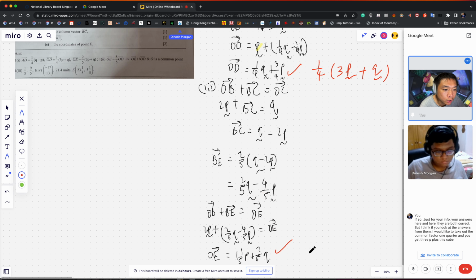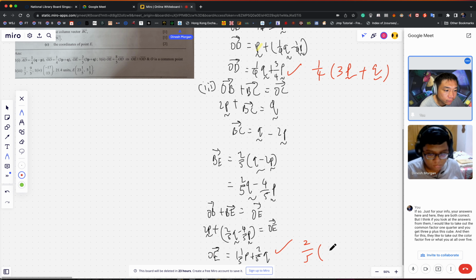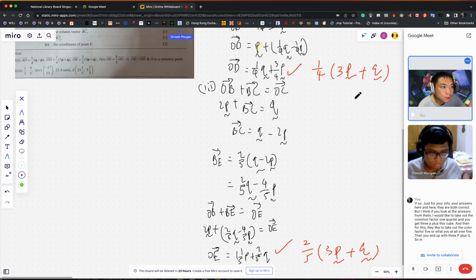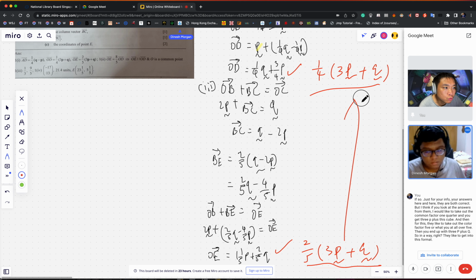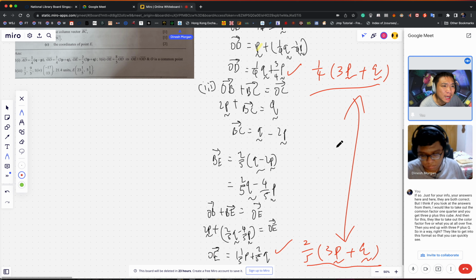And for this, they like to take out the common factor 2/5, then you end up with 3p plus q. So they like to get it into this format so that you can quickly see these two are parallel.